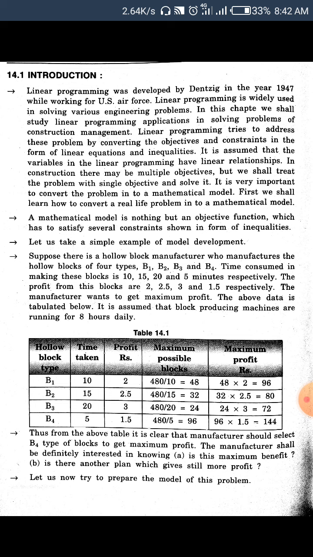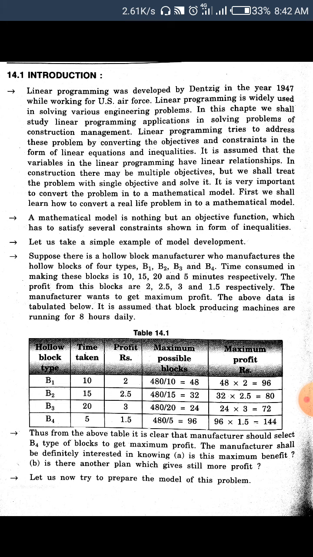Now how to calculate the maximum profit? The number of possible blocks manufactured multiplied by one block's profit in rupees. So maximum profit is equal to 48 multiplied by 2. See table 14.1, column number 5, B1 hollow block type.